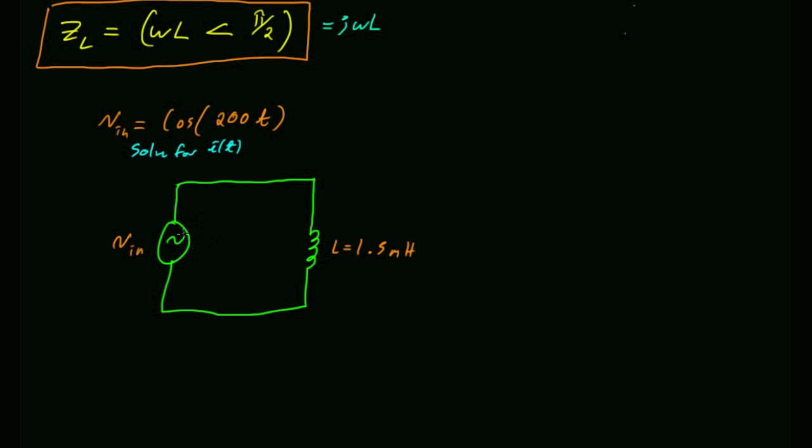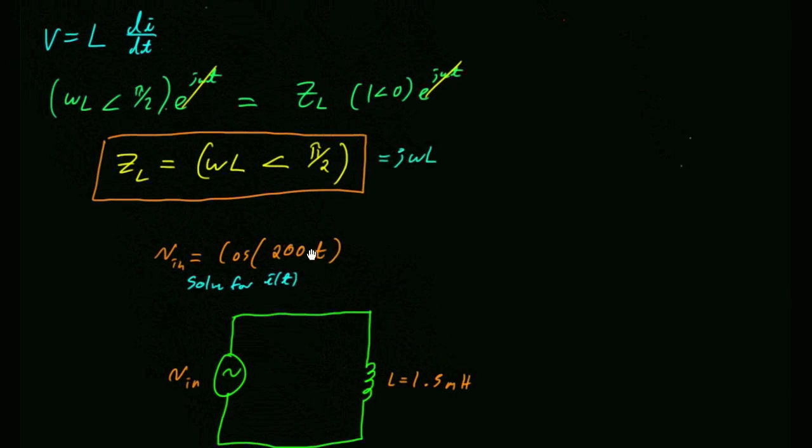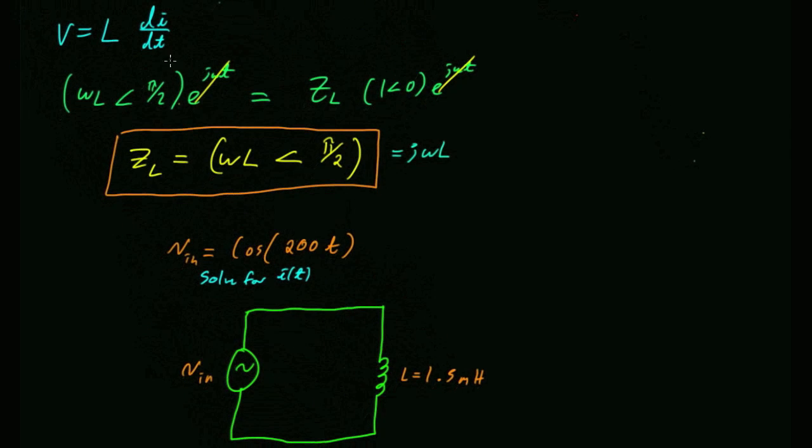So how can I do that, knowing what I know now? Instead of having to worry about a derivative, so this is the value of what I've done. Up until 15 minutes ago, if I gave you this problem, you would have said, the only thing I have to tell me where to proceed is V equals L di dt.